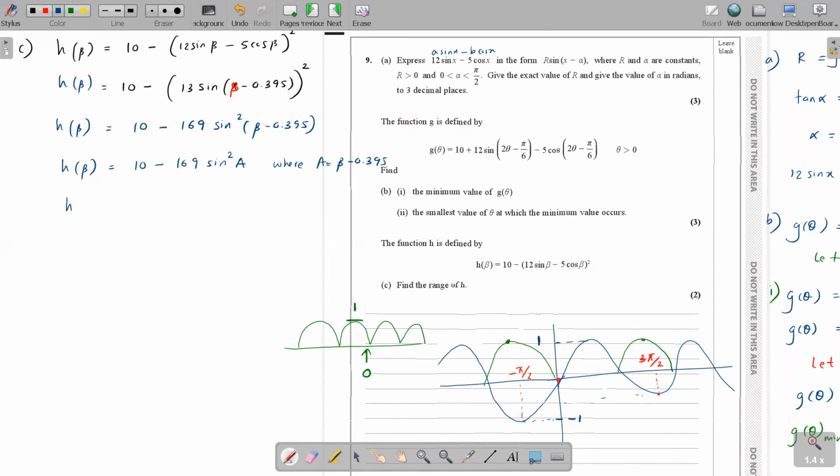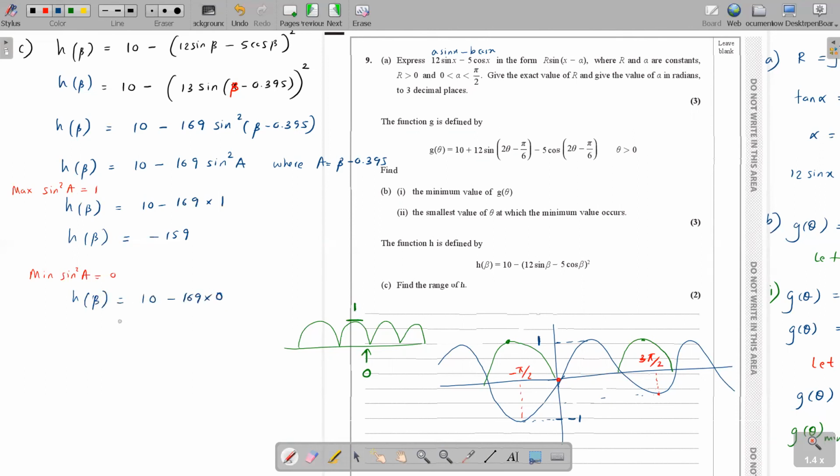So to get the range, put sine squared a is 1. That gives you 10 minus 169, which is minus 159. That's the maximum of sine squared, which is 1. The minimum value of sine squared is 0. You don't reach minus 1, be very careful. So h beta equals 10 minus 169 sine squared.